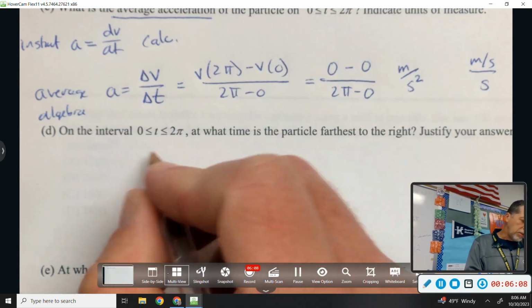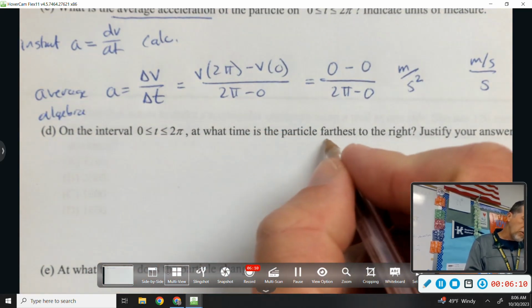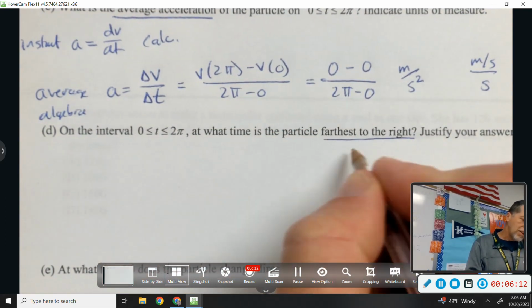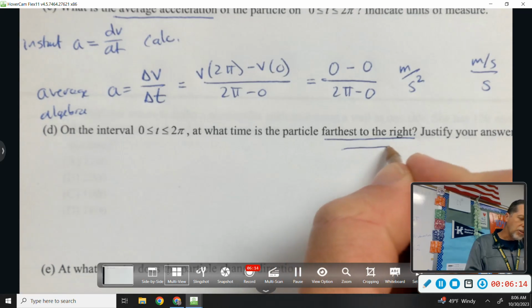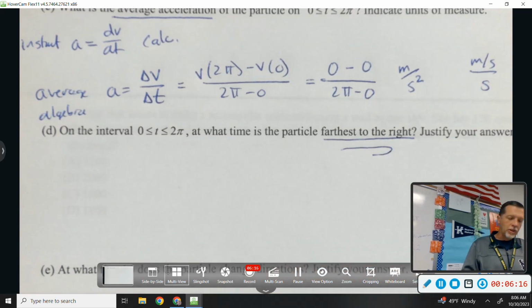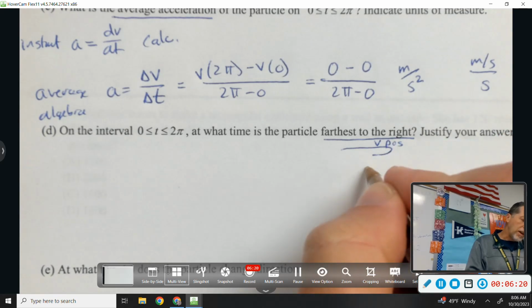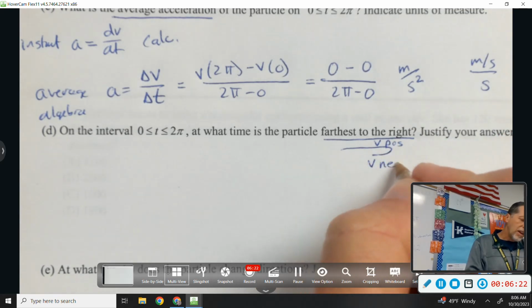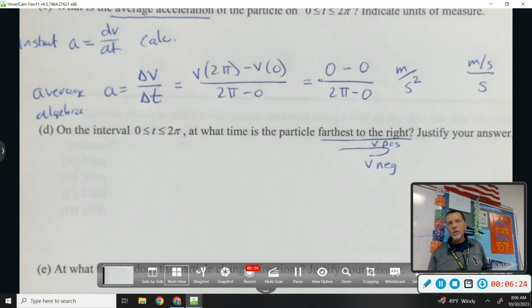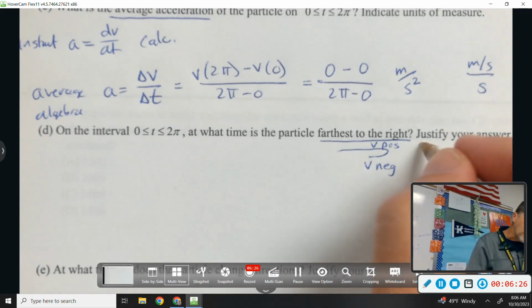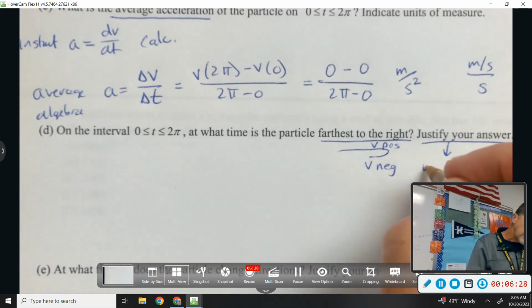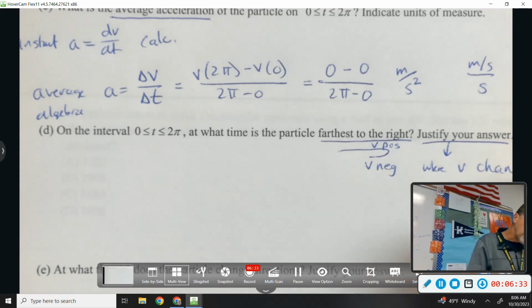Part D, between 0 and 2 pi, when is the particle farthest to the right? I saw a few of you even had a picture drawn of what farthest to the right would look like. Before it happens, v is positive. After the turnaround, v is negative. So I'm looking for, here's my justify, where v changes from positive to negative.